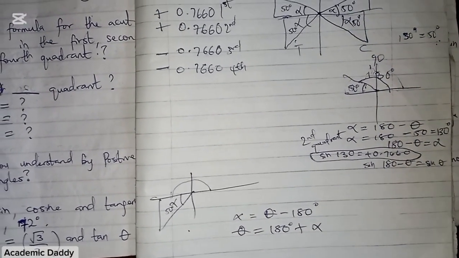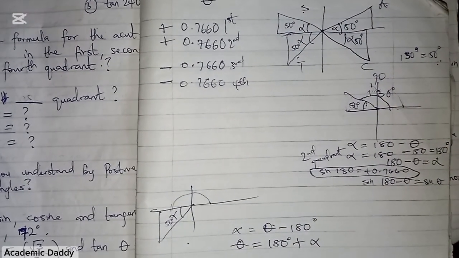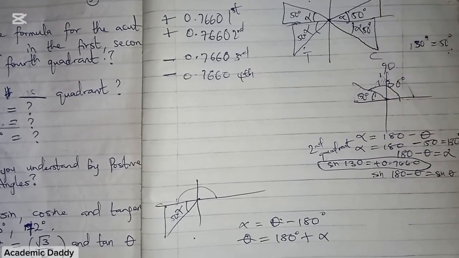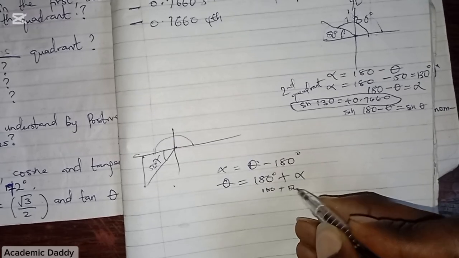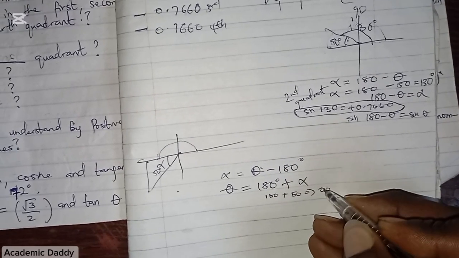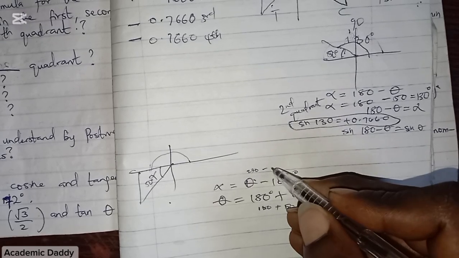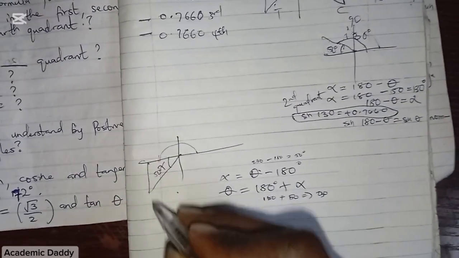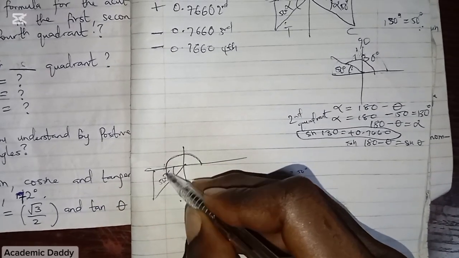If you do 230, that is theta, and 230 minus 180, you will get 50 degrees. So 230 is our angle here, which means that everything from here to here is what you calculate in the third quadrant.